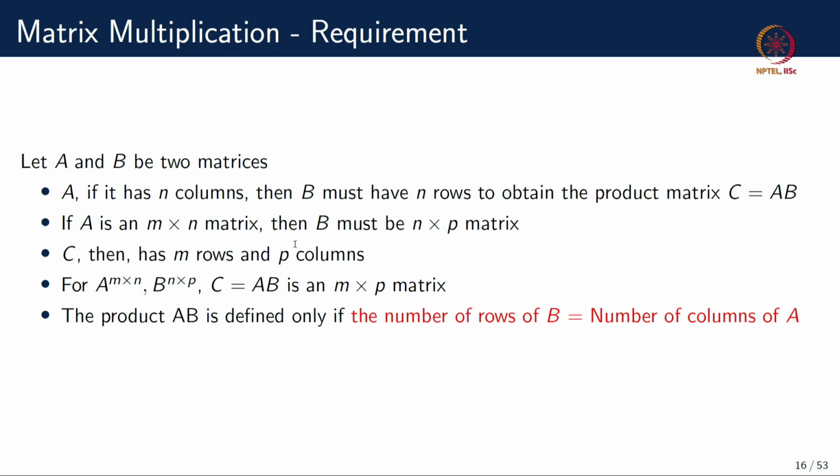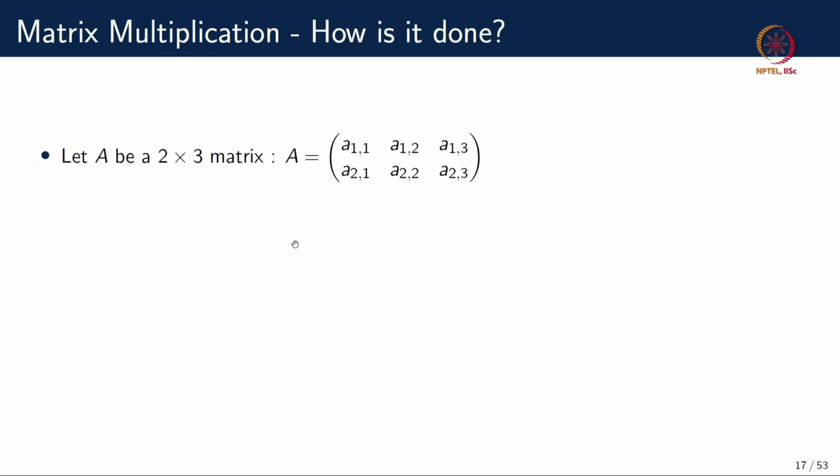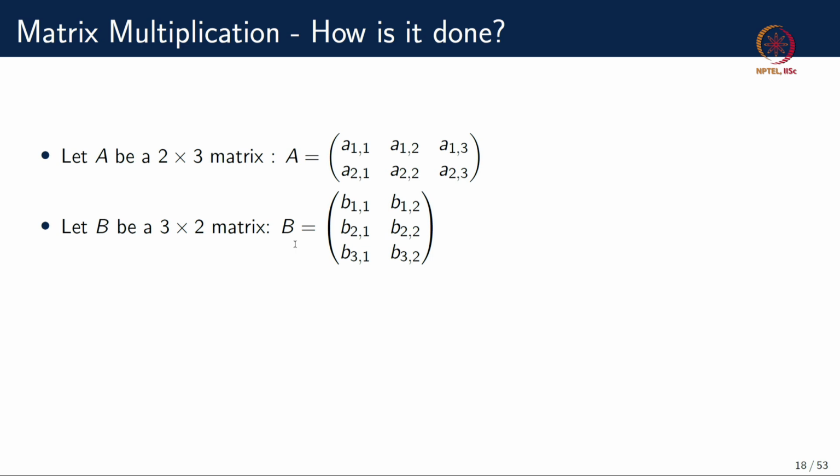Let us see how matrix multiplication is done. Let A be a 2 by 3 matrix: A11, A12, A13, A21, A22, A23. Let B be a 3 by 2 matrix: B is equal to B11, B12, B21, B22, B31, B32.